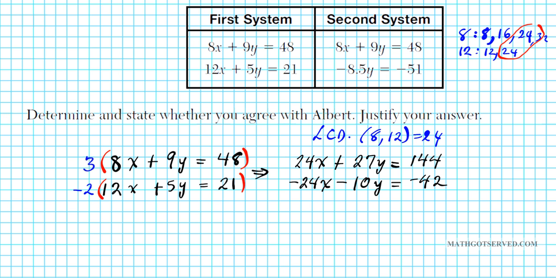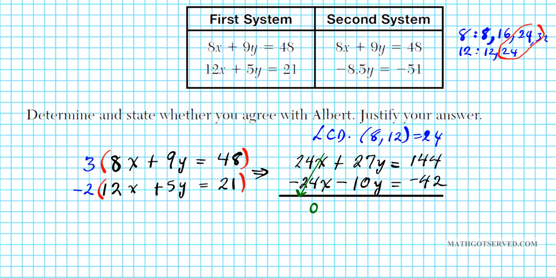Negative 42. So what have we just accomplished? What we've accomplished is we've been able to make the coefficient of the x's opposites of one another. So how is that useful? Well, if they're opposites and we combine them together, they add up to 0. Okay? So that's the beauty of opposites, because they get eliminated. So these two get eliminated to 0.